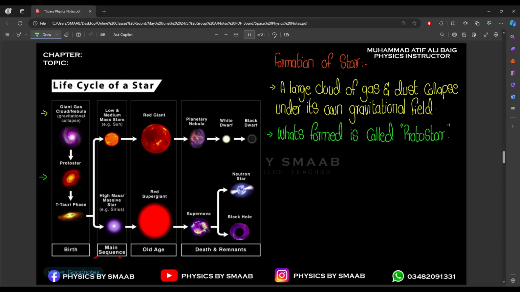Now, in the third phase, what happens is that the collapse continues because the gravitational field is continuously acting on those dust particles and the large cloud of gases.